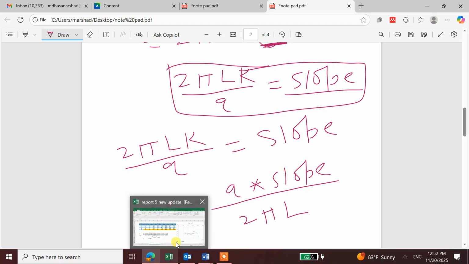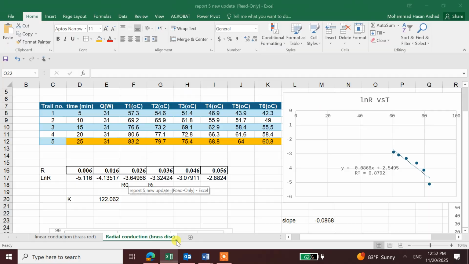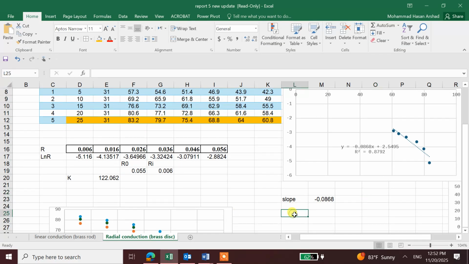Q is 31 watt, times slope, divided by 2 pi L, L is 0.004.